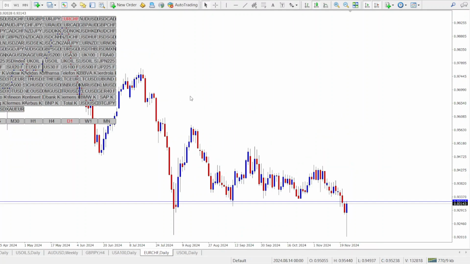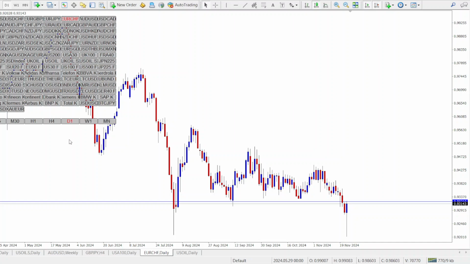There are different strategies for which using this indicator is going to be really beneficial. In as much as it might not be necessary for some strategies, there are other strategies that this indicator is going to be beneficial for.